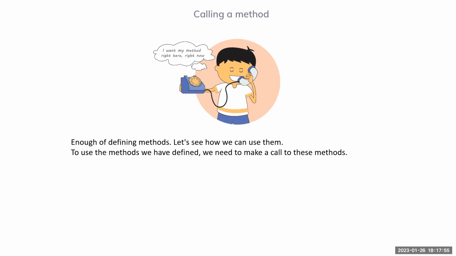Say you are writing a calculator program, and you don't need to write the addition code again, because somebody has already defined it somewhere. So you know that class, and you can take that method from it and utilize it instead of rewriting those programs, right? So let's see how to call them.